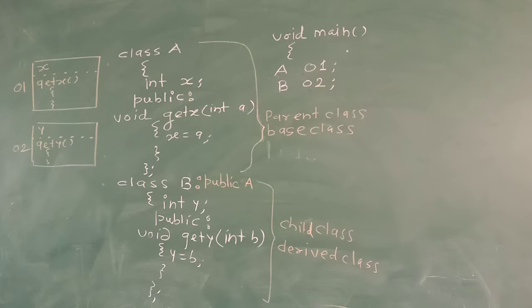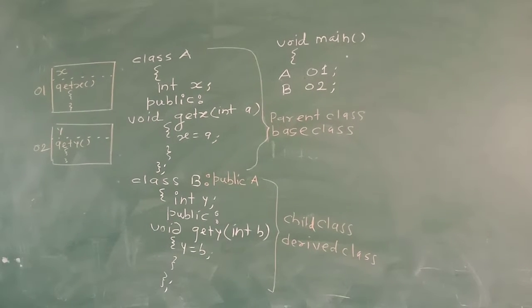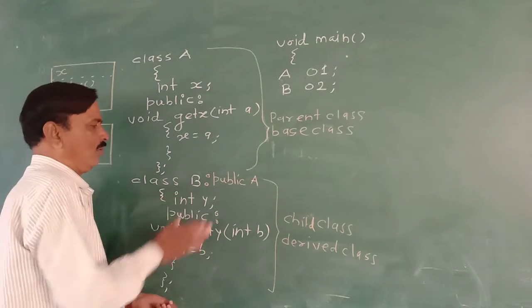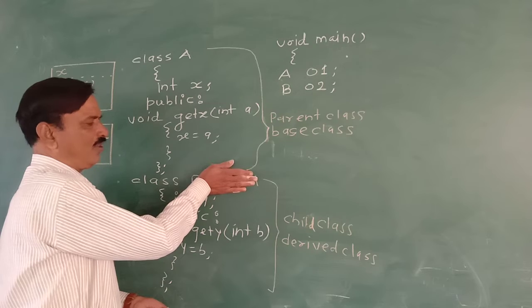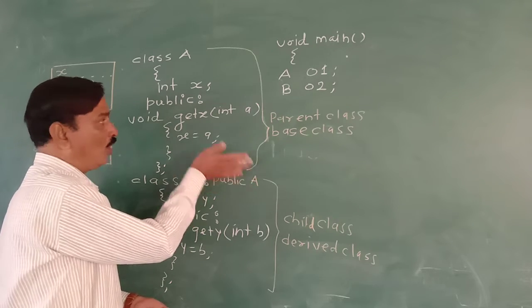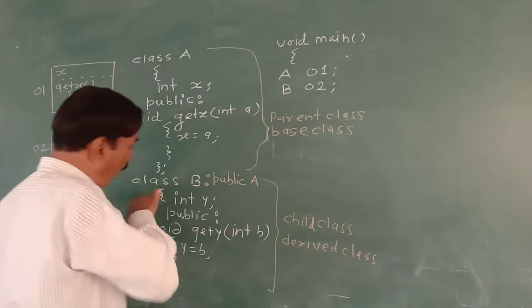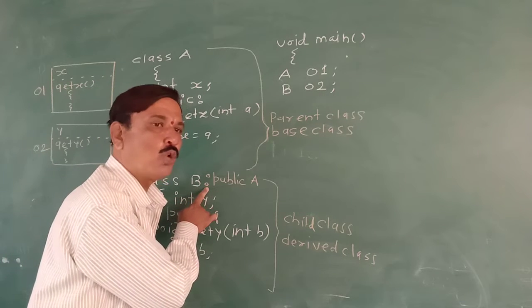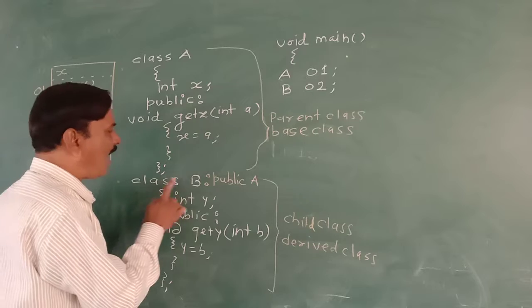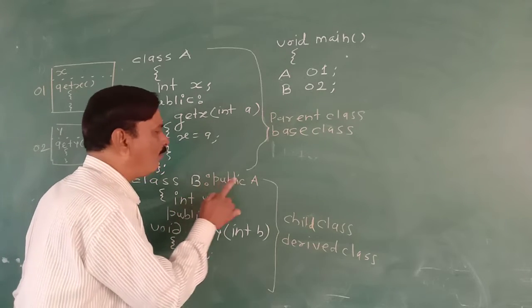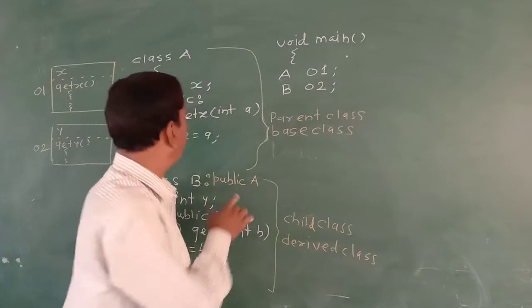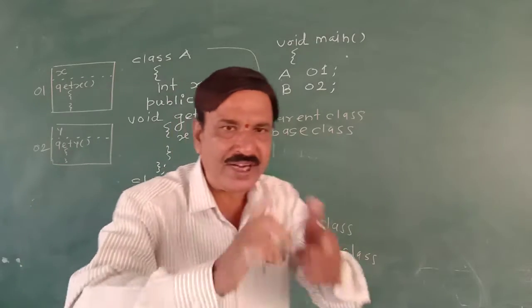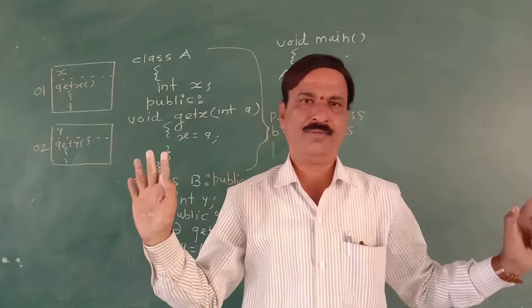Previously these two classes were distinct and isolated, with no relation between them. But now class B has a colon, which we pronounce as derived from. Class B derived from public A, it means class A. Now there is a relation between these two classes.